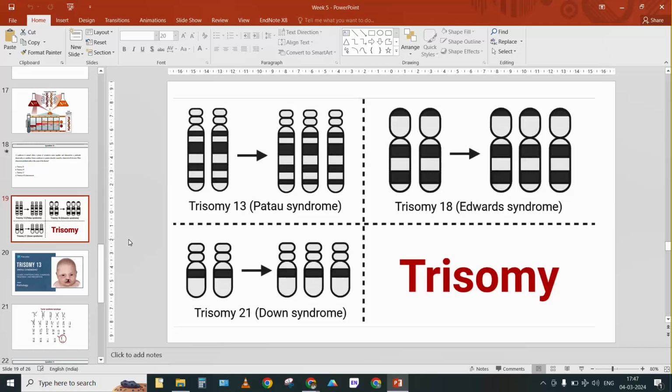Trisomy 13 is also called Patau syndrome. It is the result of having the 13th chromosome in a person's DNA three times as opposed to twice. It is a rare genetic disease.